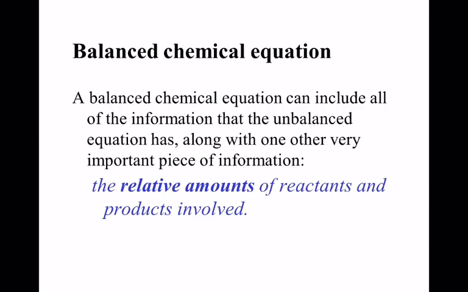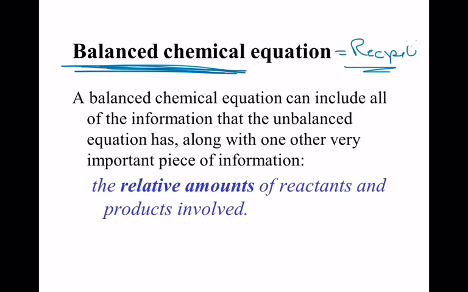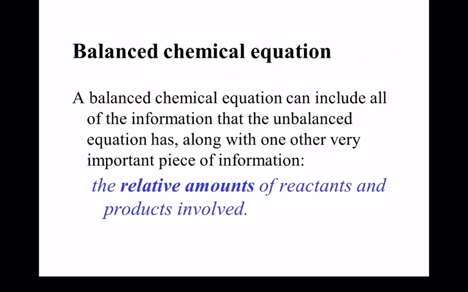And we'll try to prove this to you as we work with balanced chemical equations, but a balanced chemical equation is truly the recipe for the reaction. It tells you, relatively speaking, how much reactants will give you how much products if you've balanced it correctly, and you will.